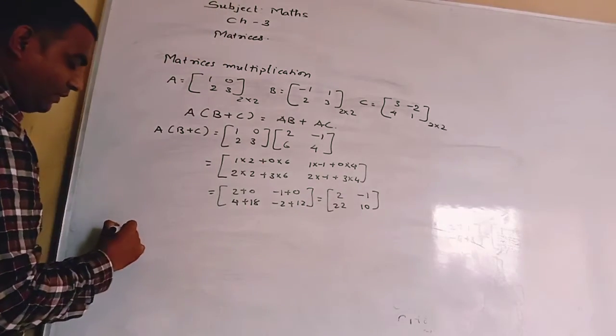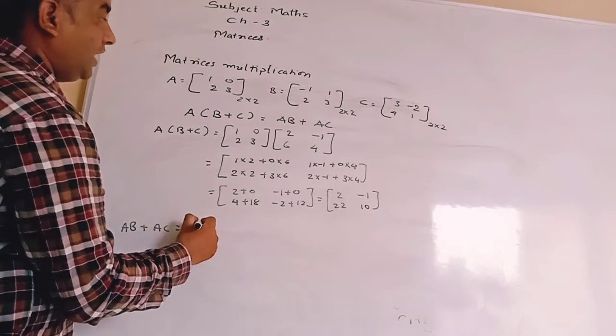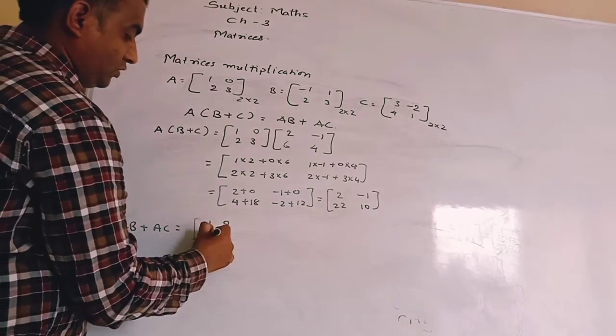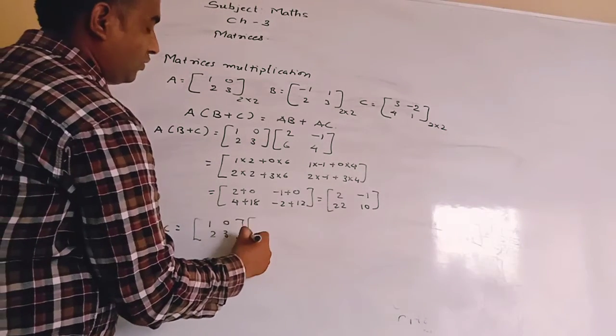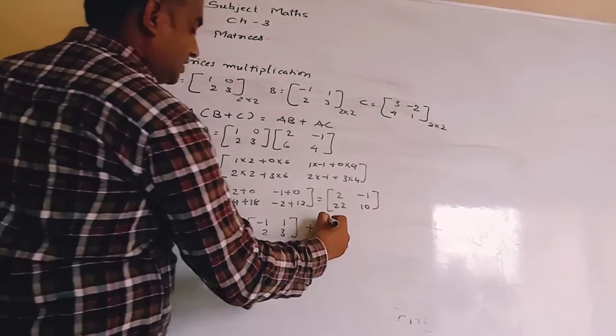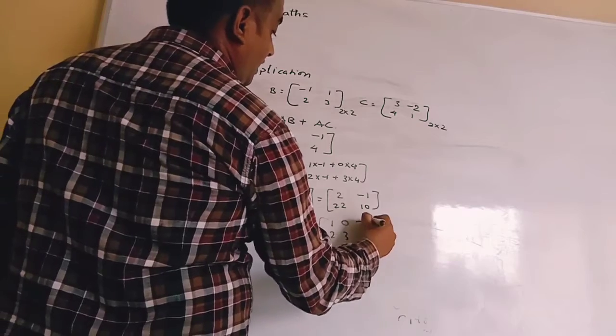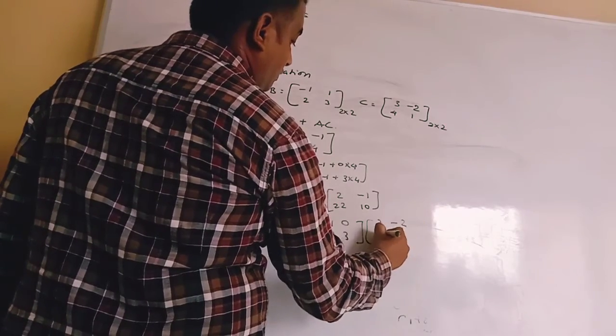Now we check AB plus AC. So A, 1 0 2 3, into -1 1 2 3, plus 1 0 2 3 into 3 -2 4 1.